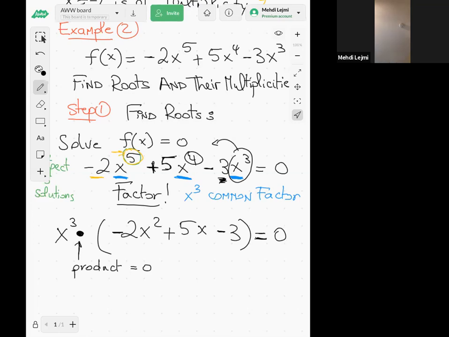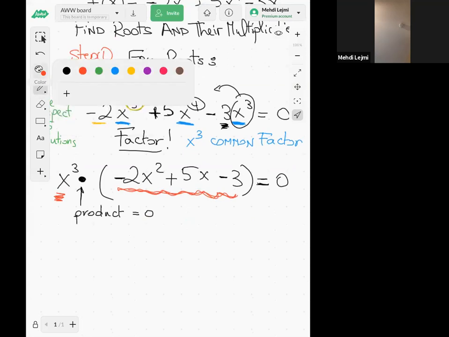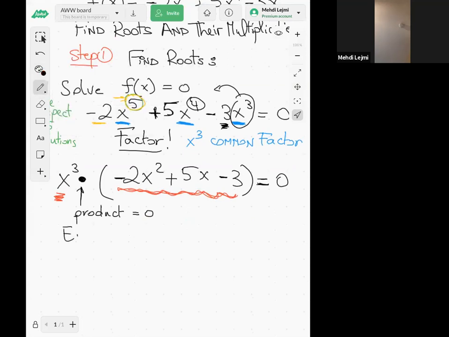So because it's equal to 0, then you can say my first term is 0, or my second term is also 0. So either one is 0. So either the x cubed is 0, or the negative 2x squared plus 5x minus 3 is 0.